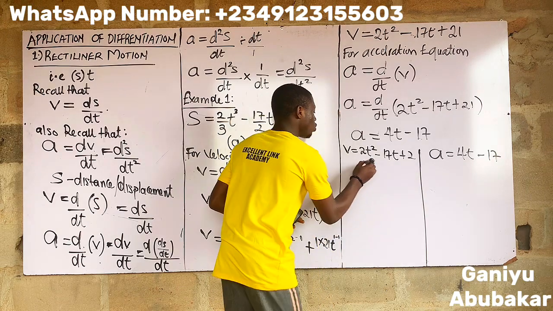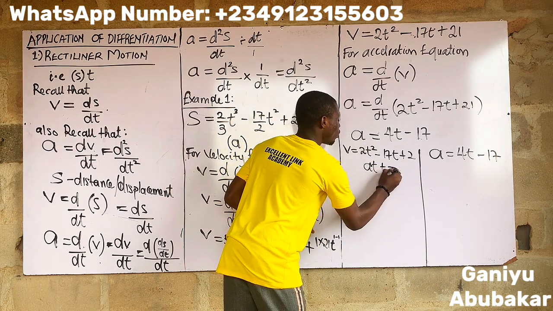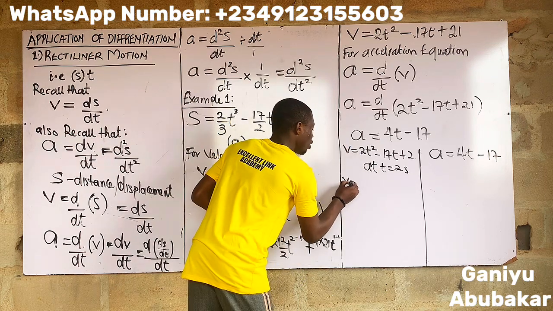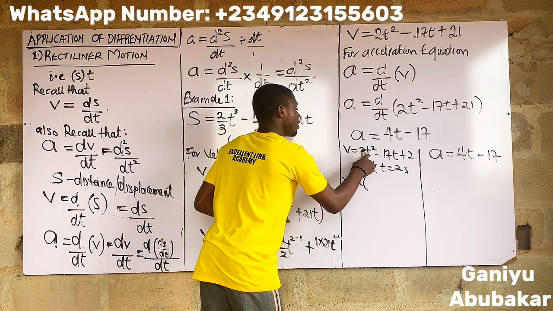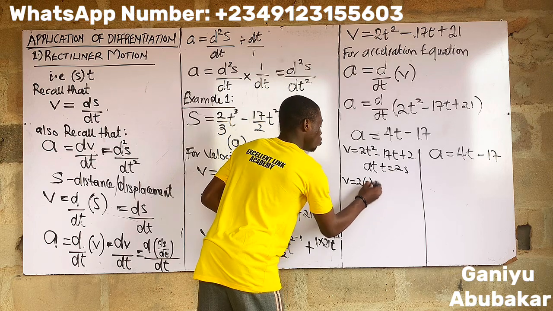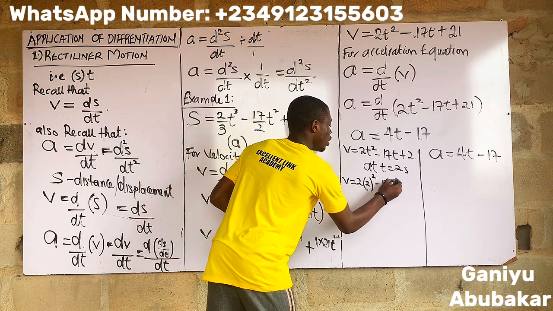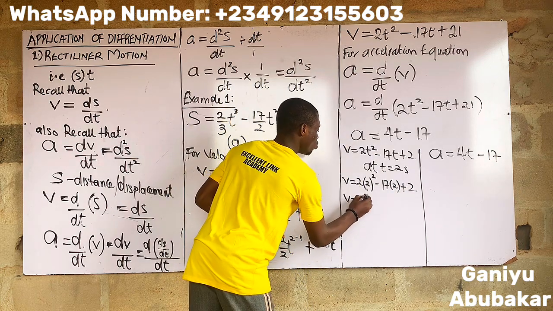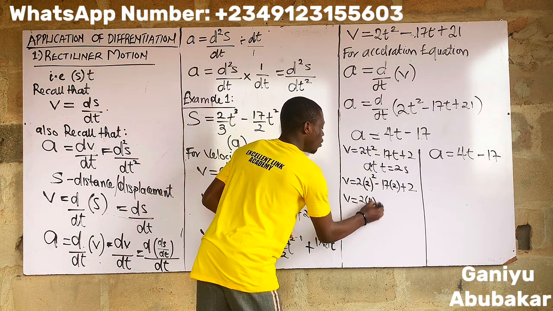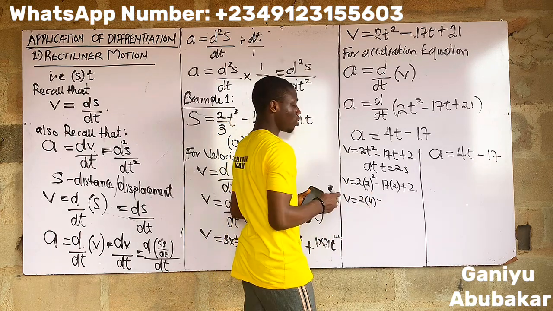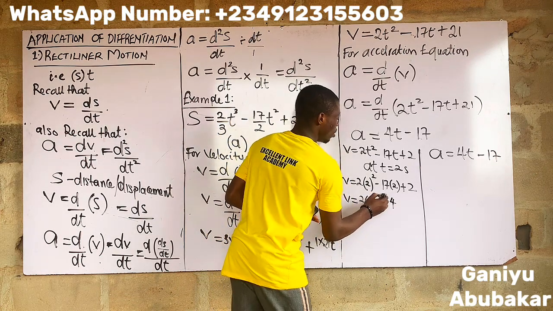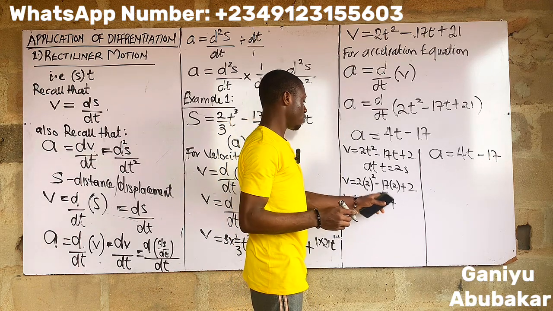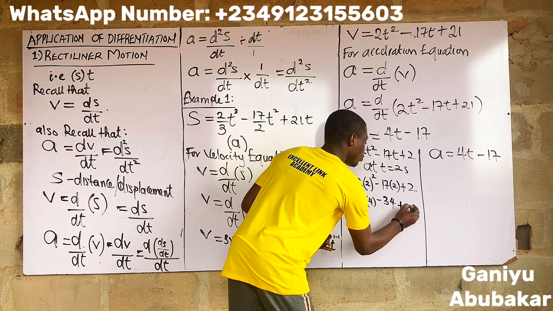We said after 2 seconds. So at t equal to what? 2 seconds. What will be the velocity equation? So v now is equal to 2 into what's t? t is 2. So I have 2 all squared minus 17 into 2 plus 21. So v is equal to 2 into 2 squared gives 4 there, 8, minus 17 times 2 is what? 34. Am I right? 34 plus 21.